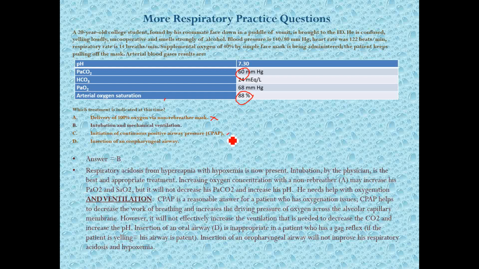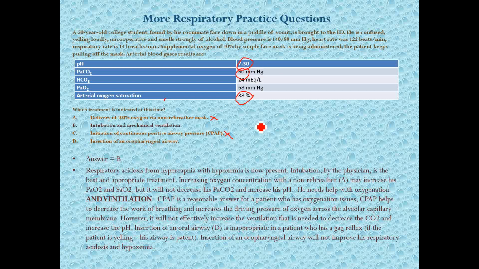Another option would be to give continuous positive airway pressure. Again, we'll learn later that CPAP as well as PEEP help with oxygenation. It does not help with CO2 retention.